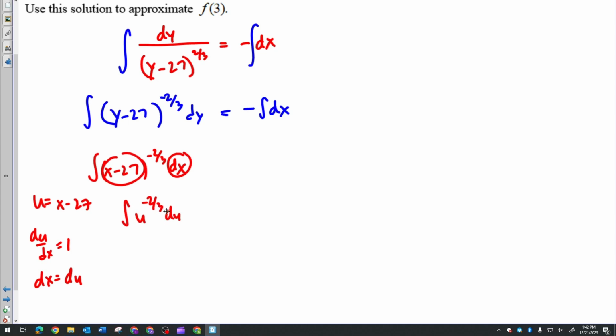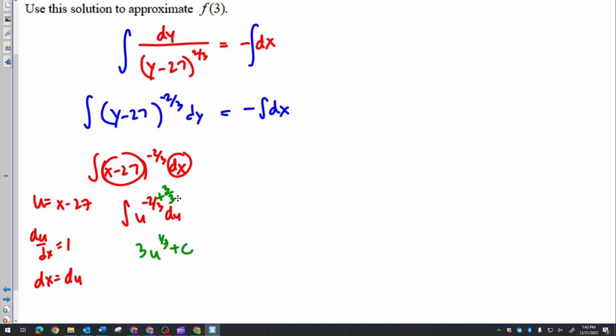Is this an easy antiderivative or something on my formula sheet? It actually is an easy antiderivative. I'm going to add 1, divide by 1/3, but dividing by 1/3 is the same as multiplying by 3, so it will be 3u to the 1/3 plus c.